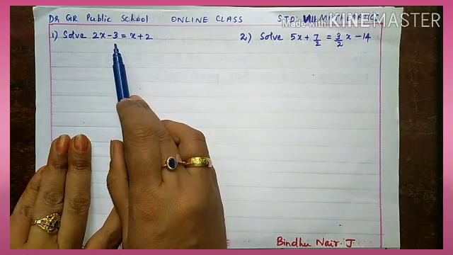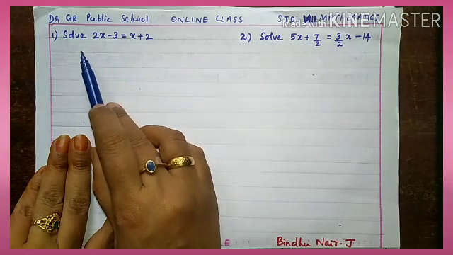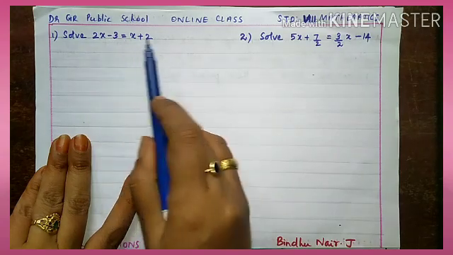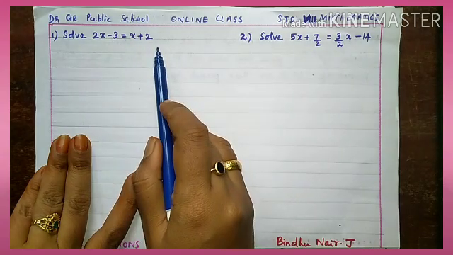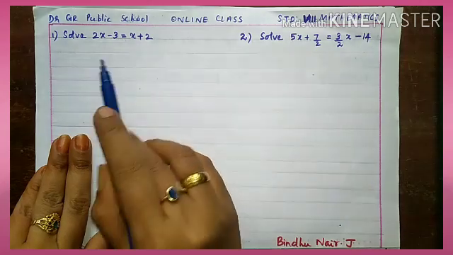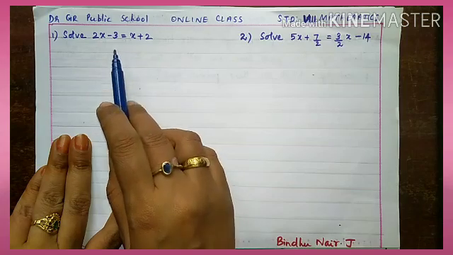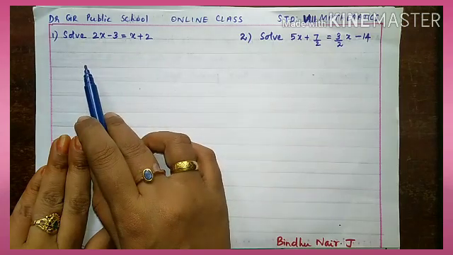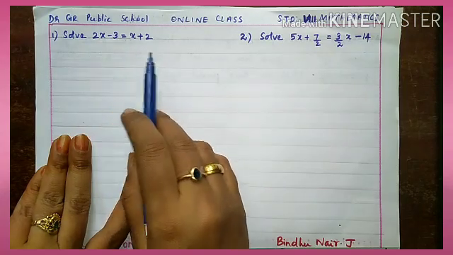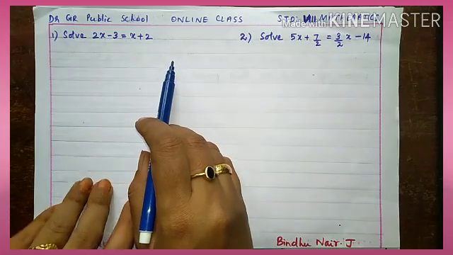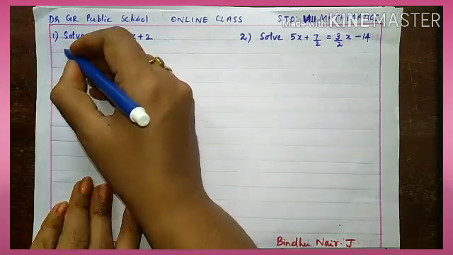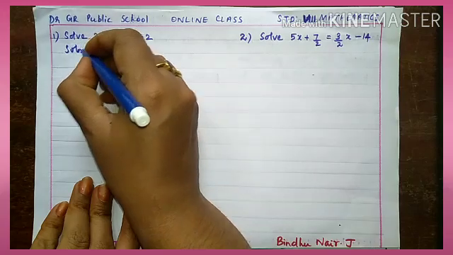We need to make the variables on one side and the numbers on the other side. Whenever you solve this type of equation, you want to make all the variables on the LHS and all the numbers on the RHS. Shall we start? First write the solution.